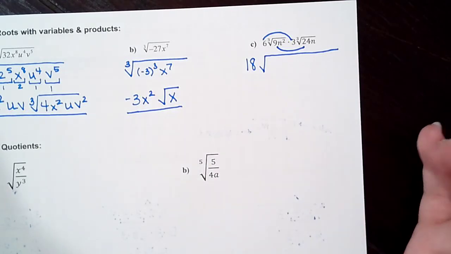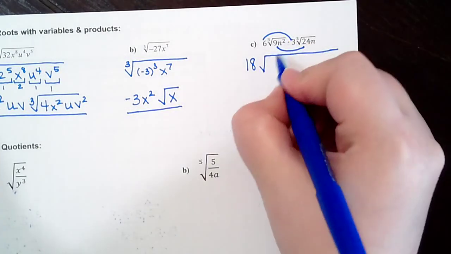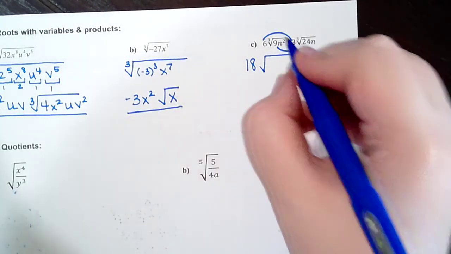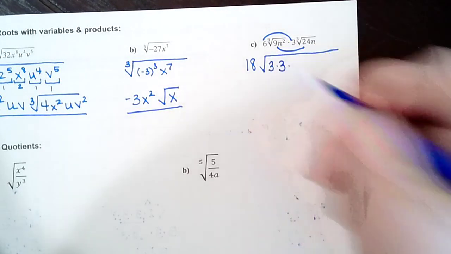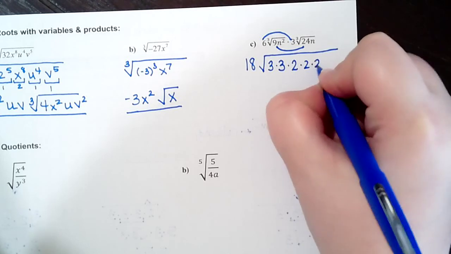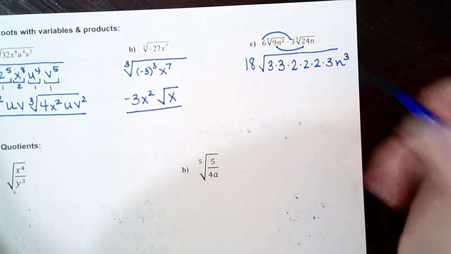However, because I know that I'm going to have to break it down to look for triples anyway, I'm going to break those down into their prime factors. So 9 times 24 is the same thing as 3 times 3 times 2 times 2 times 2 times 3. n squared times n is n cubed.